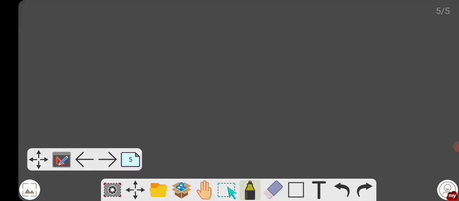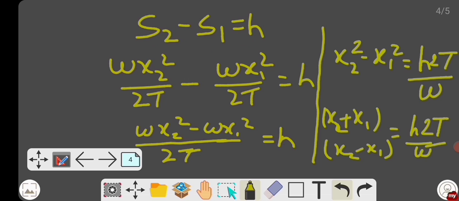Now we can write x2 plus x1 is equal to L from equation 1. So from here we can write x2 minus x1 will be equal to H 2t by WL.